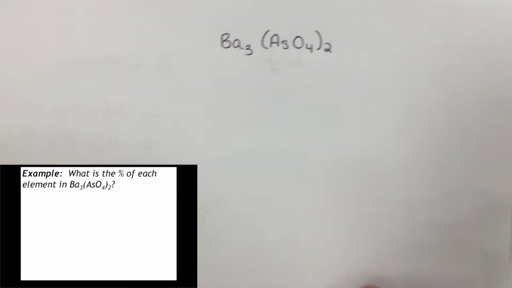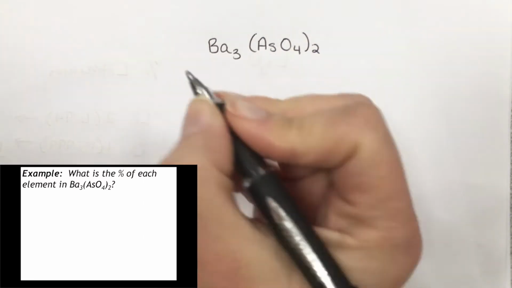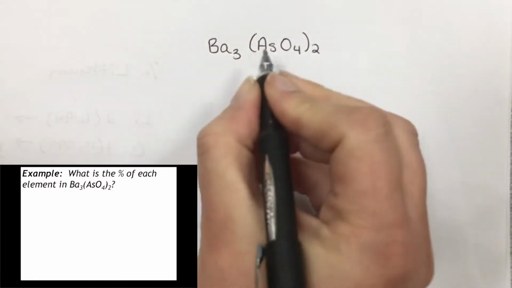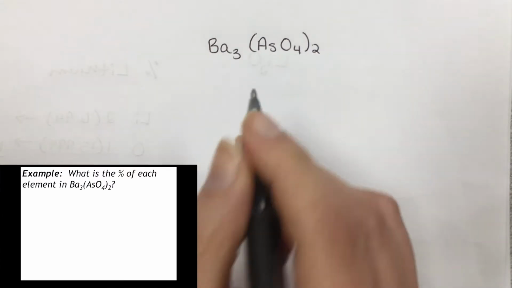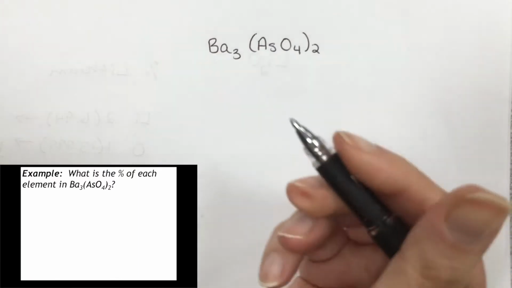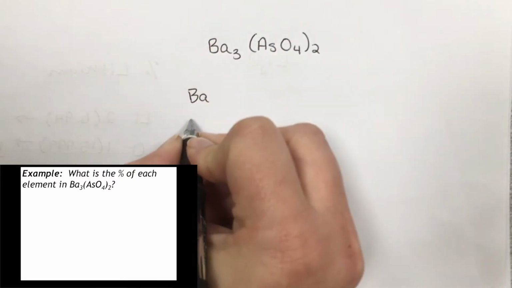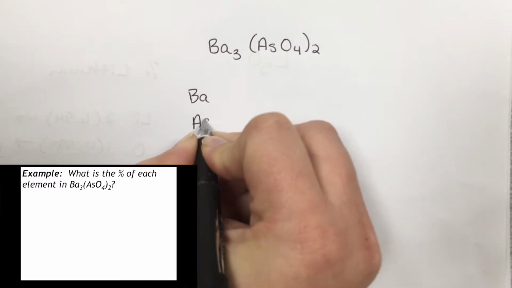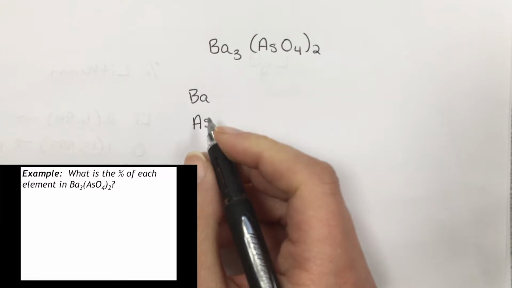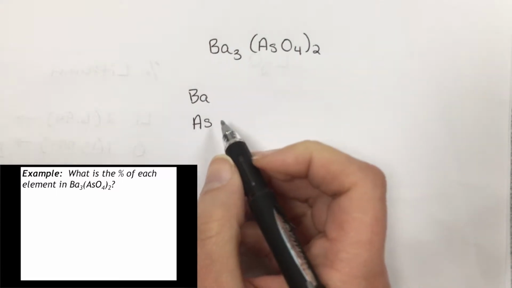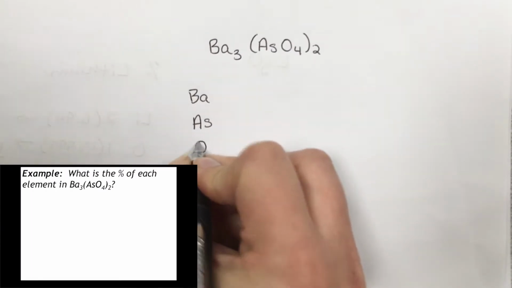Okay. All right. So basically, first we need to write out how I like to solve this. I like to write out which atoms I am dealing with first. So first, I have barium, arsenic, and oxygen.